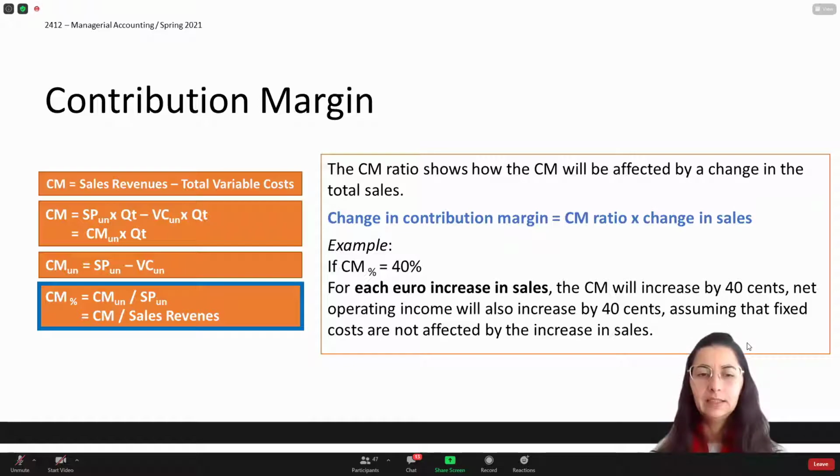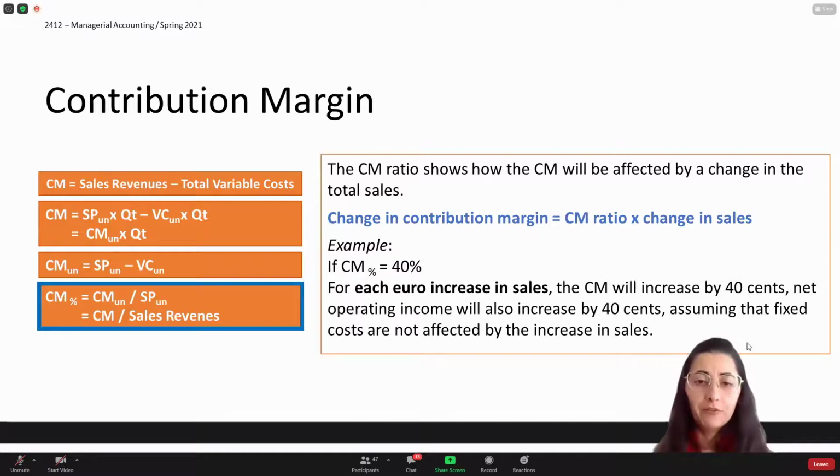Let's look at this example. If we have a contribution margin ratio of 40%, it means that for each increase in sales, the contribution margin will increase by 40 cents. So each €1 that we increase in sales means that the contribution margin increases by 40 cents.